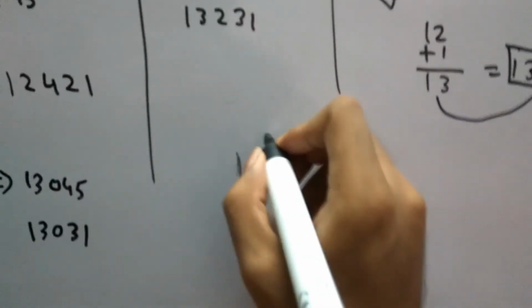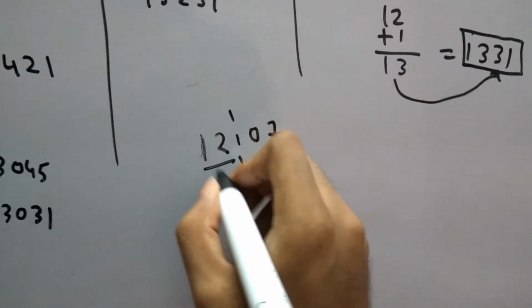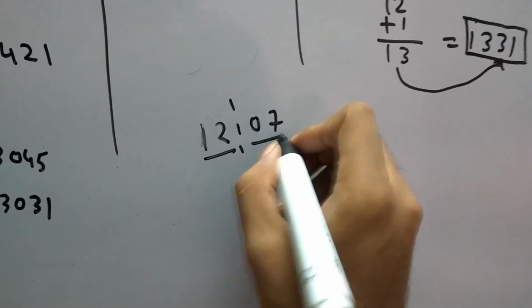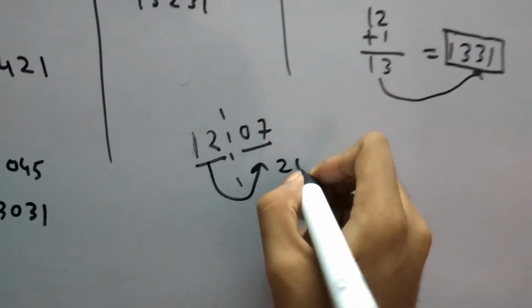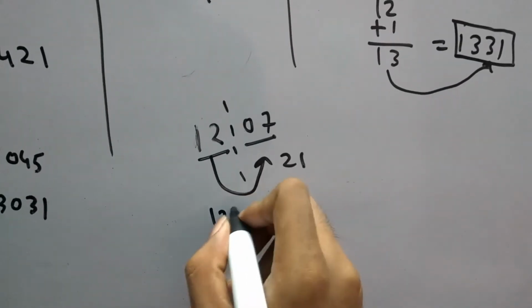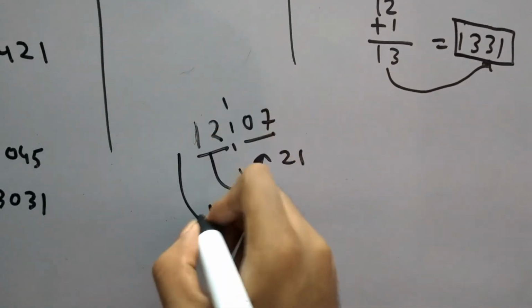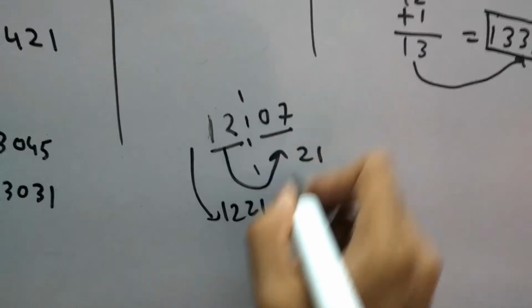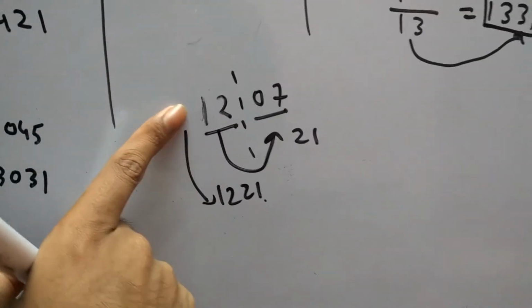If we break it from the middle, this part's reverse, like 21, should be placed over here, and it will become a palindrome, 1221. And it is also greater than the number 1207. That is exactly how we can convert a number to its palindrome.